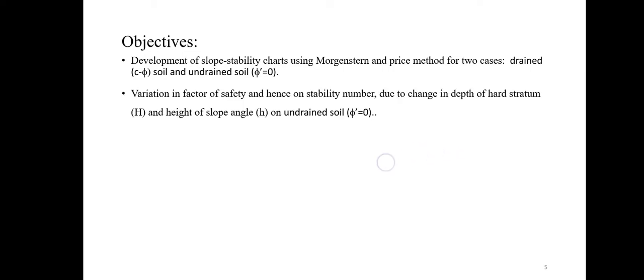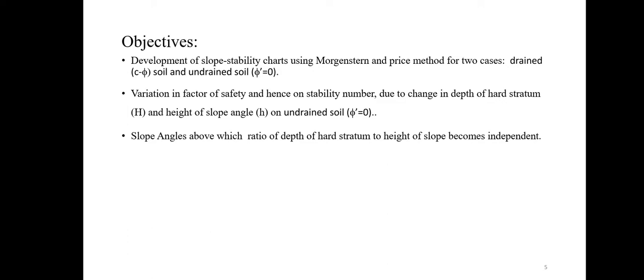What are the objectives of the studies we are carrying out? Those are the development of slope stability charts using the Morgenstern and Price method for two cases, drained and undrained soils. Variation of the factor of safety, and hence stability number, due to change in depth of hard stratum, that is capital H, and the height of slope, small h, on undrained soils.